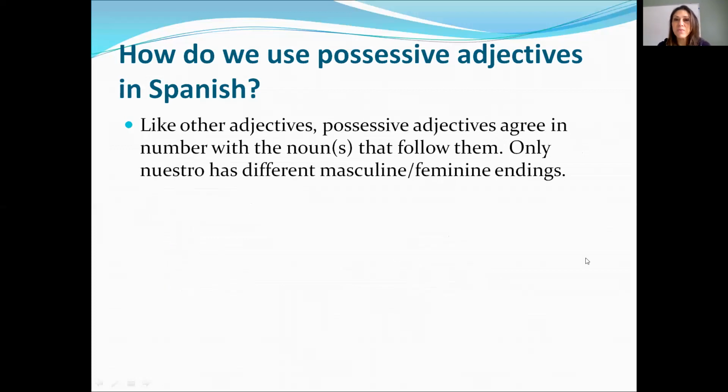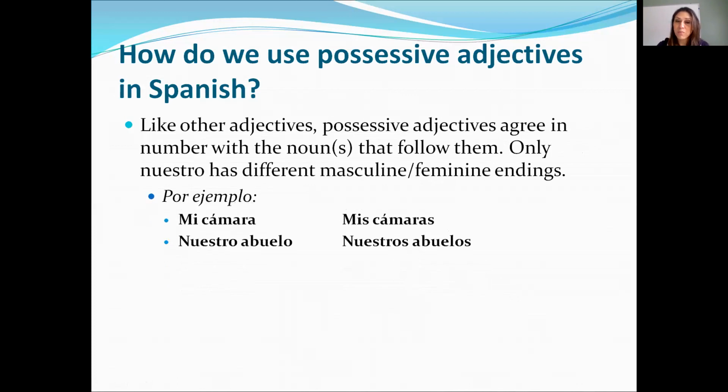All right, now how do we use possessive adjectives in Spanish? Well, just like other adjectives, possessive adjectives agree in number with the nouns that they follow. And we already went through this. So here we go. Mi cámara or mis cámaras. Nuestro abuelo or nuestros abuelos.